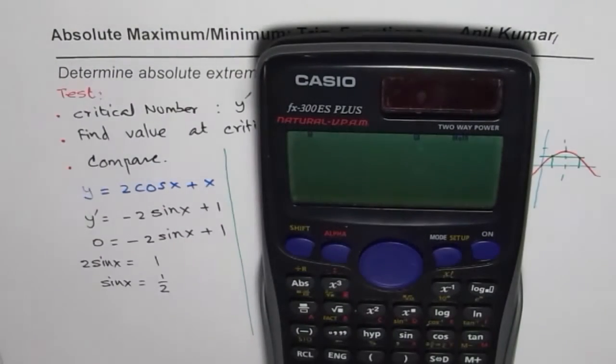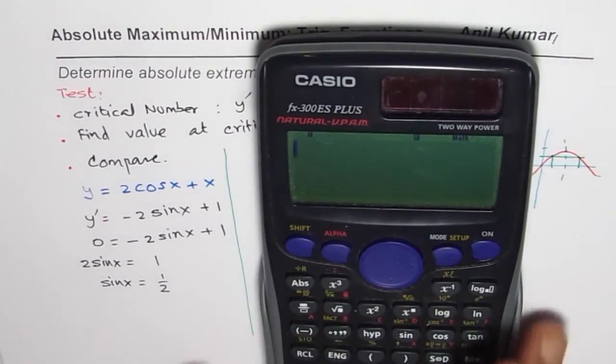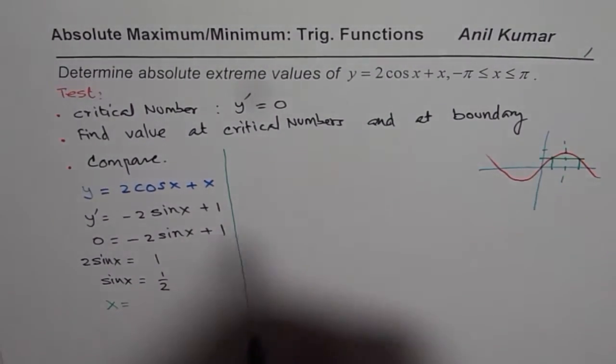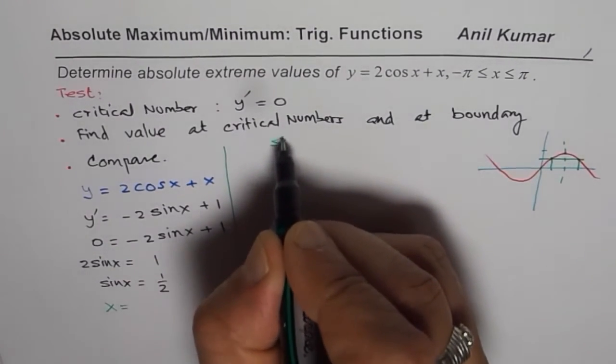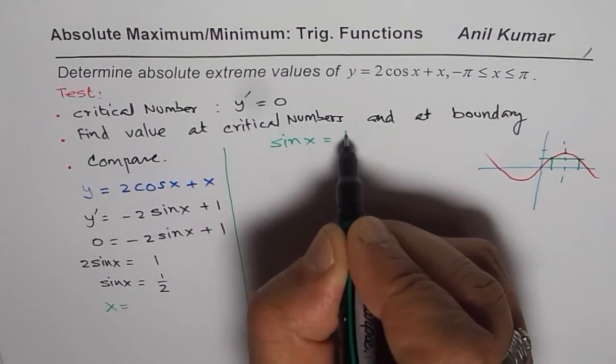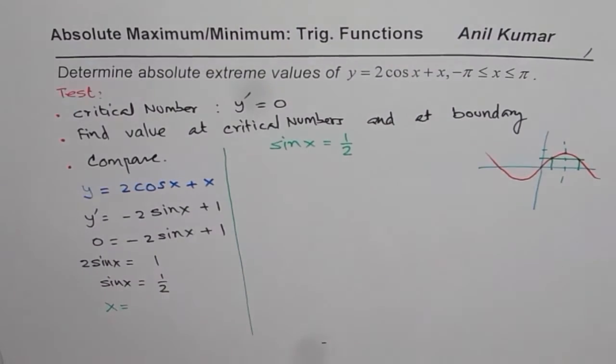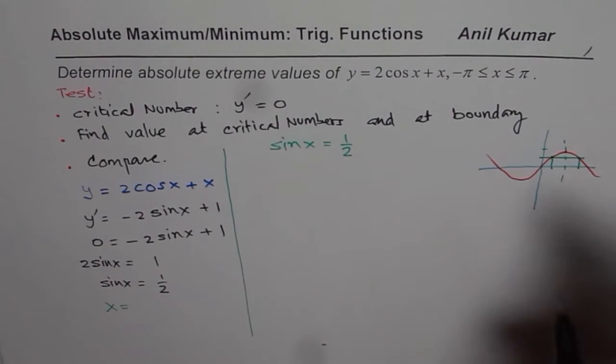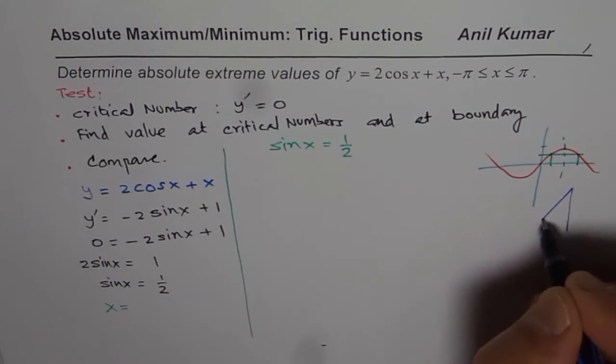So we are trying to find sin x equals half. What is the value of x? Now you could use special triangles also.